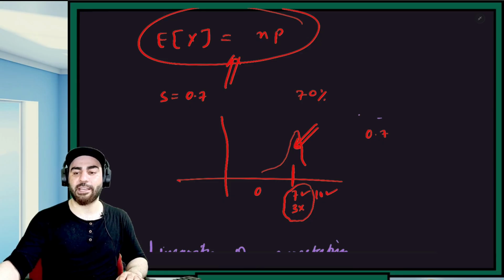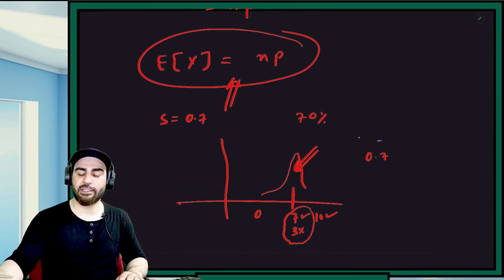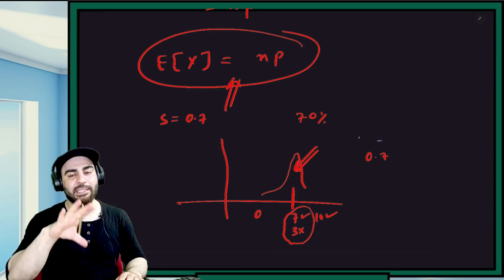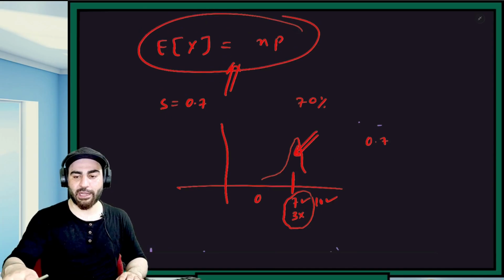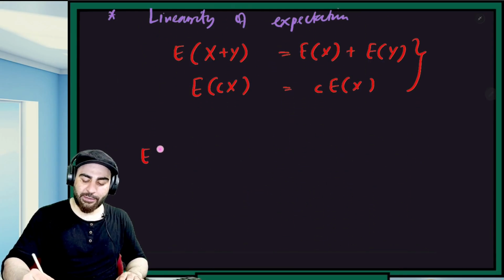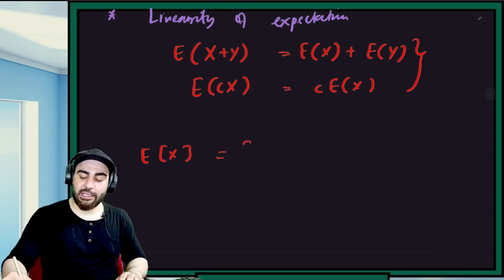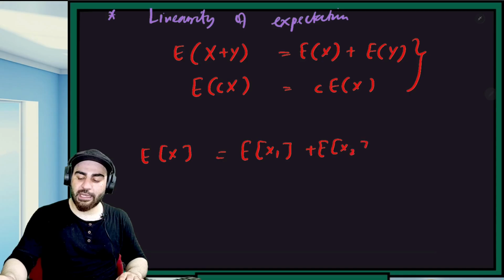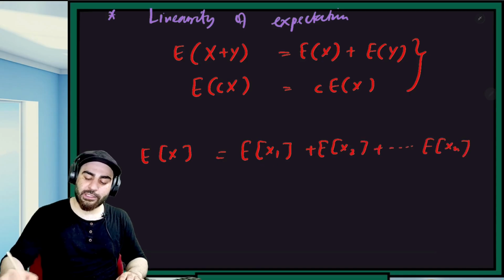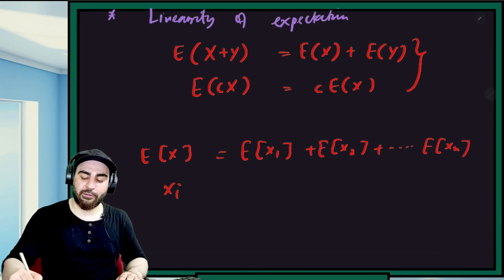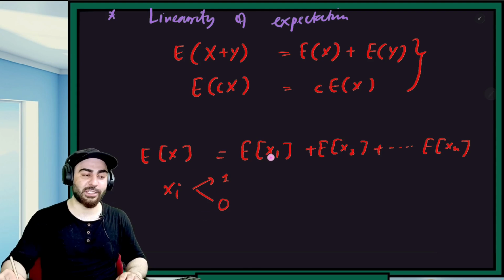Now if I say something of this sort, you have this E of X. Can't I break this into indicator random variables? E of X can be written as E of X1 plus E of X2, and so on till E of Xn. Each Xi is an indicator random variable; it will be either a success or a failure. I know the expectation of this by the fundamental bridge.